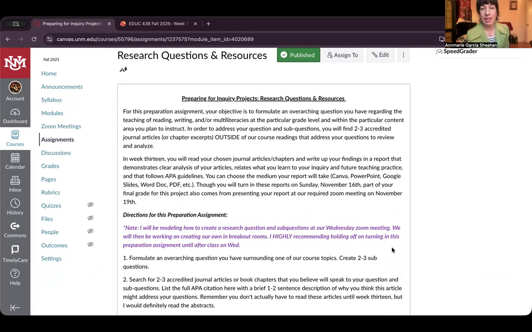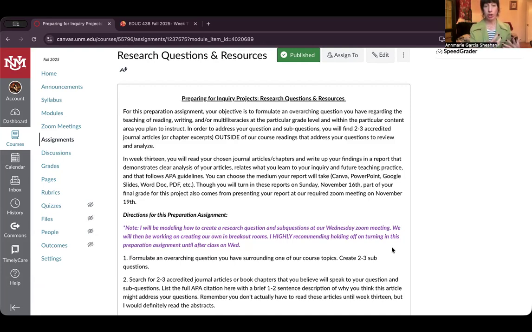So for this prep assignment, your objective is going to be to formulate an overarching question you have regarding the teaching of reading, writing, vocabulary, multiliteracies, discussion, really any topic that we've covered so far this semester is fair game at the particular grade level and within the particular content area you plan to instruct. So for example, I'm a 10th grade English teacher.